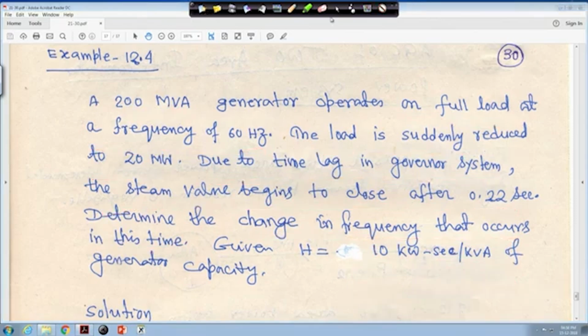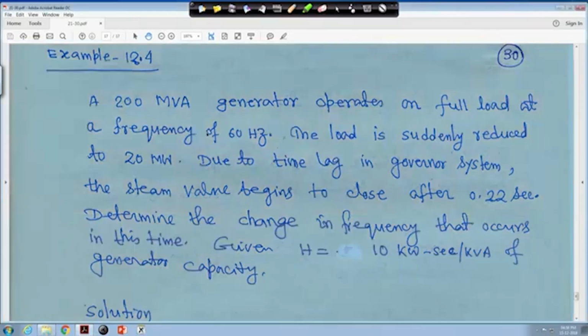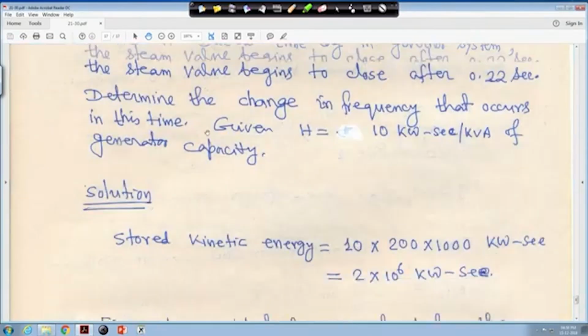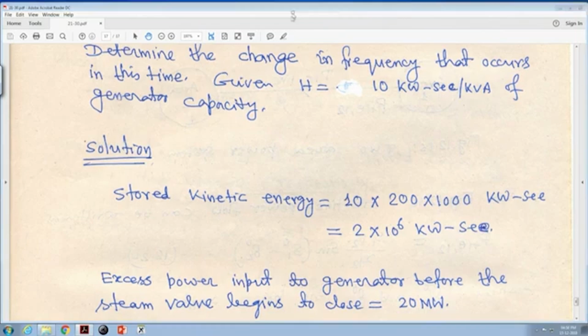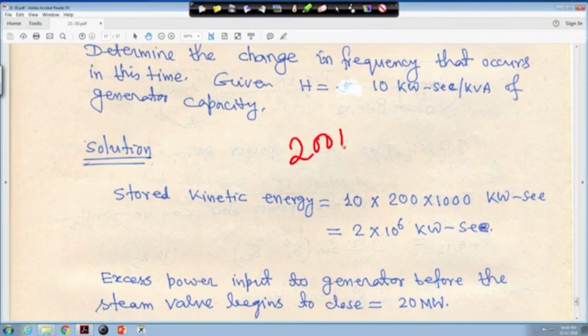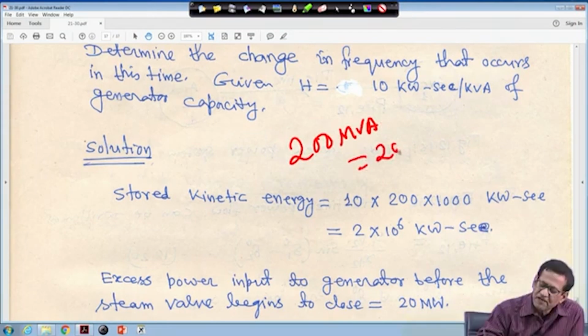When you solve this problem, the stored kinetic energy is H times the rated capacity. The rating of the generator is 200 MVA, that is 200 into 1000 kVA.